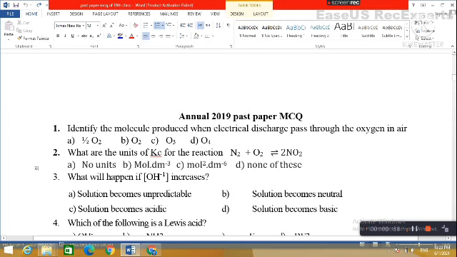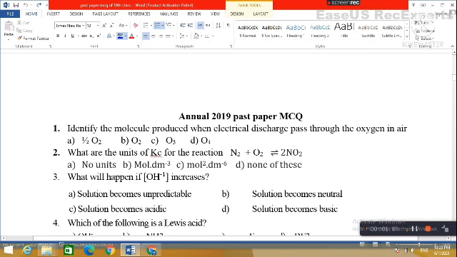The first question is, identify the molecules produced when electrical discharge passes through the oxygen in the air. Option A, 1 by 2 O2, means atomic oxygen. Option B, O2. Option C, O3. Option D, O4.